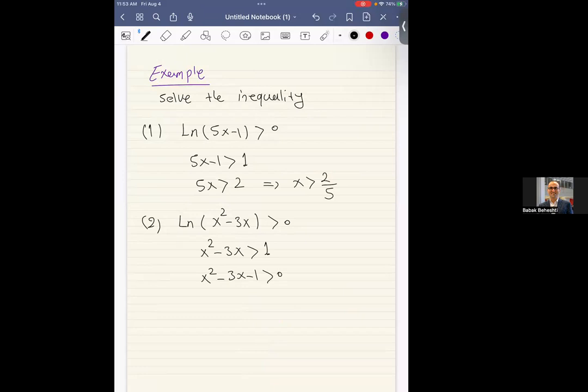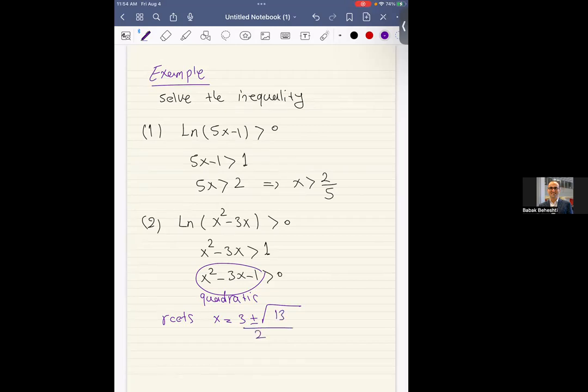So again, here you have a quadratic. What are the roots of this quadratic? So the roots are x equal to (3 plus or minus the square root of 9 plus 4, which is 13) over 2.